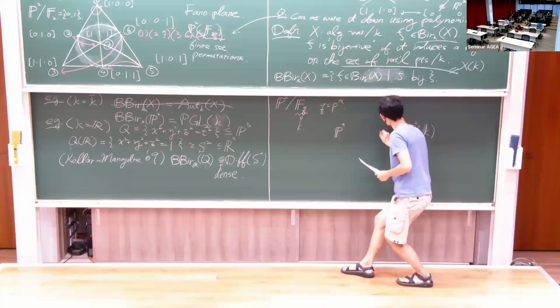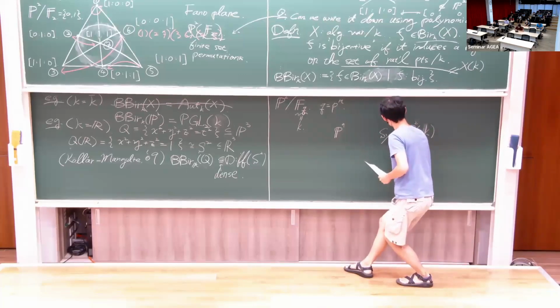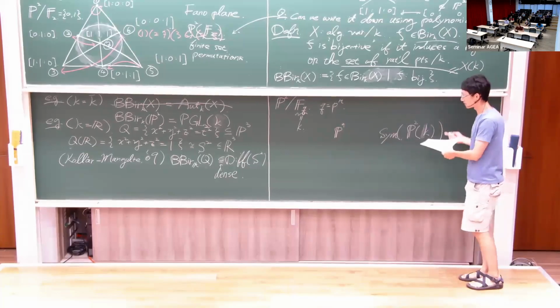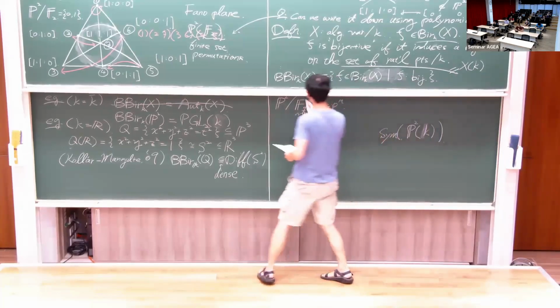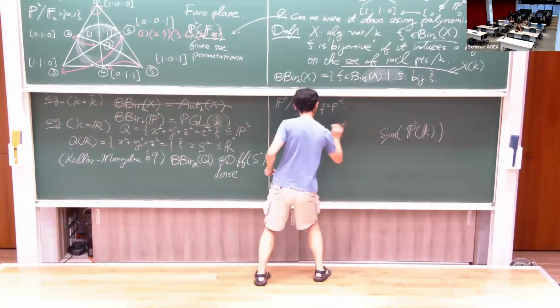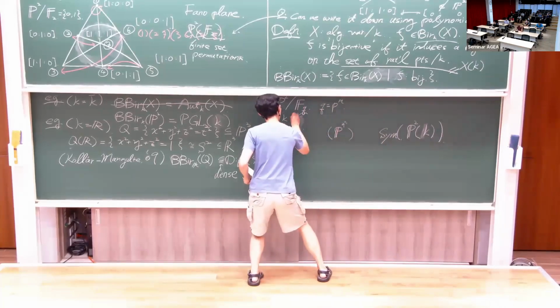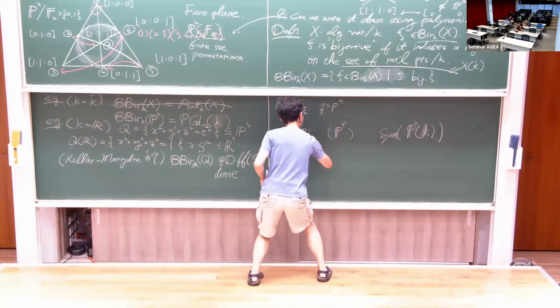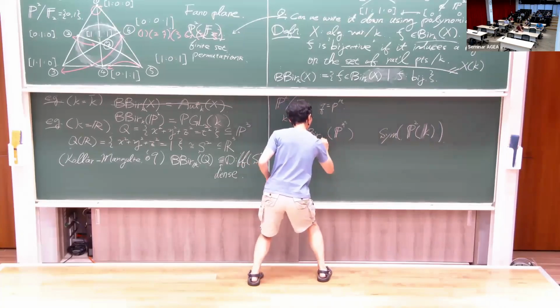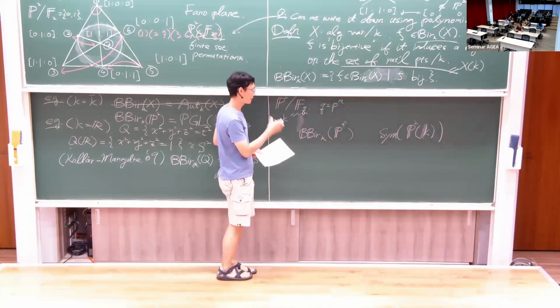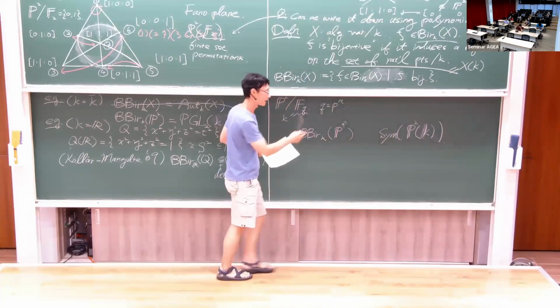So as I mentioned before, you can discuss permutations on this finite set. And each element in this group induces a bijection or a permutation on this finite set.